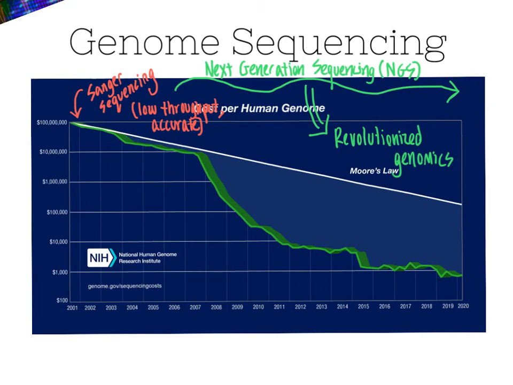And with that dramatic drop in cost, that has enabled the sequencing of a sufficient number of genomes that we can now compare genes present in a variety of different individual humans to correlate the presence of certain diseases with certain genes, or specifically certain gene mutations where individual nucleotides have changed from an organism that is healthy to one with a disease, thereby increasing dramatically our understanding of biology.